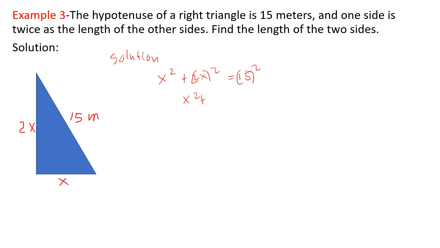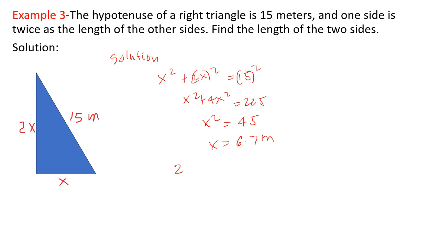x squared plus 4x squared equals 225. x squared equals 45, or x equals 6.7 meters.